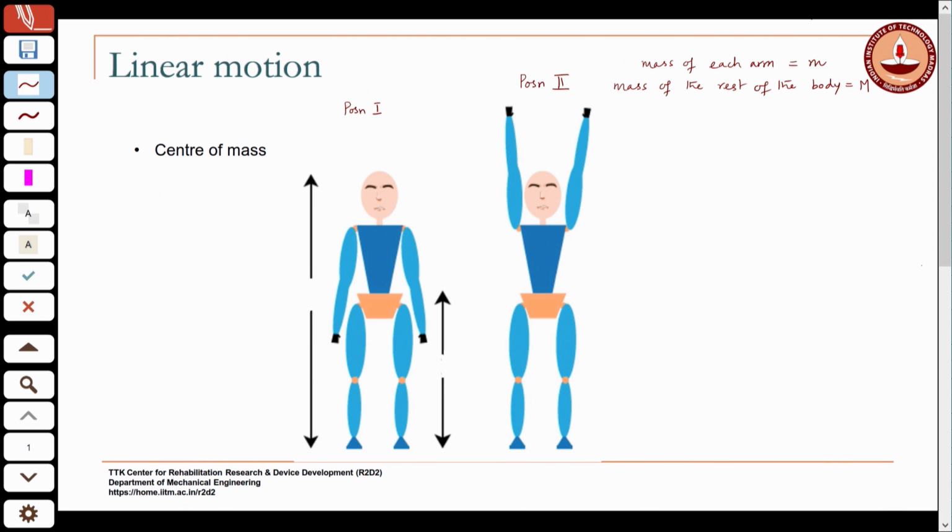And what we are given is the center of mass of the arms moves upward by 63.5 centimeters when the person raises the arms.